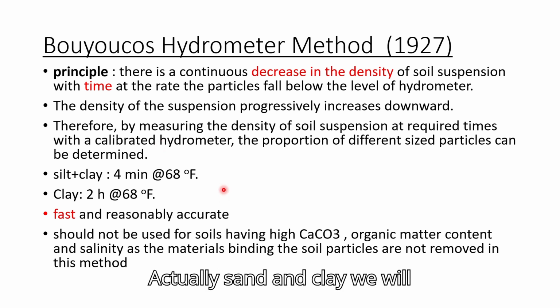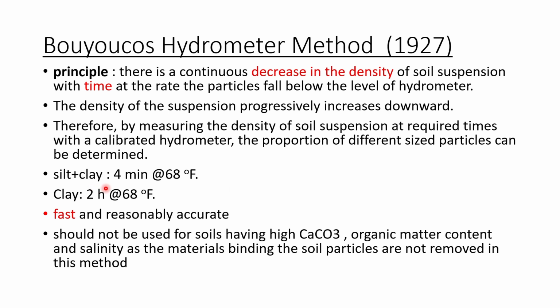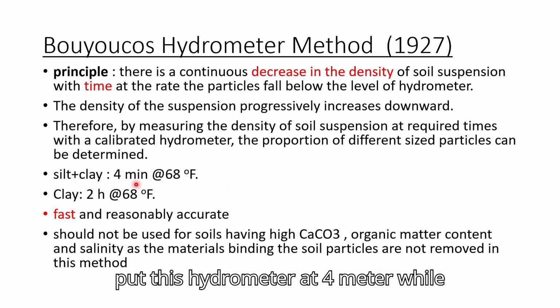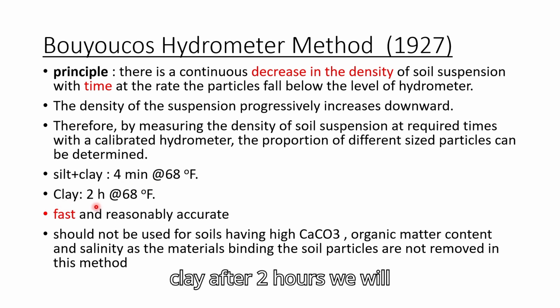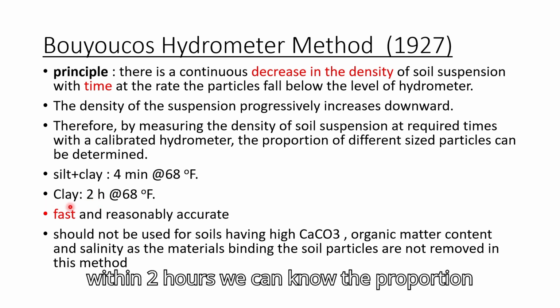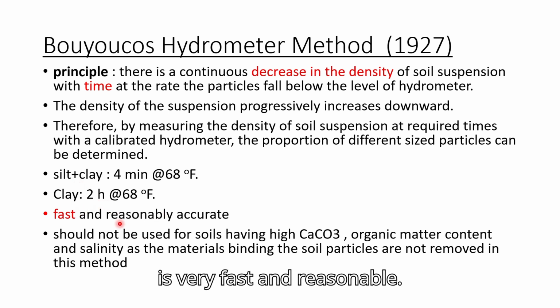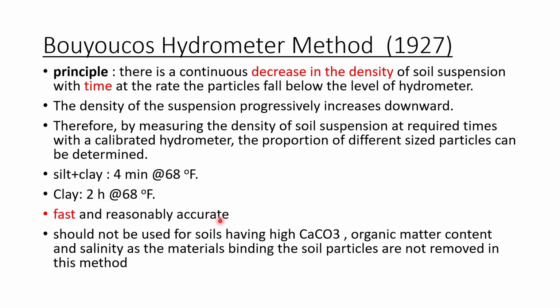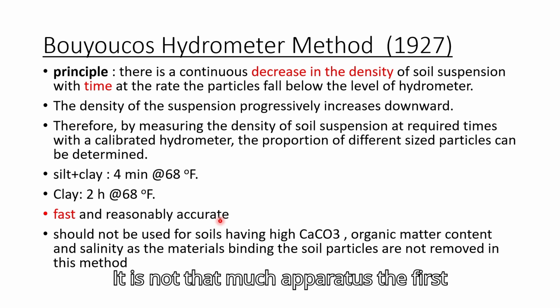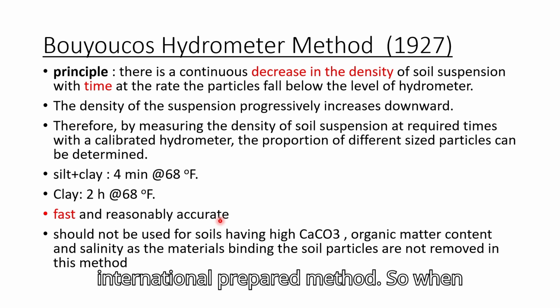For sand we take the reading at 4 minutes, while for clay we take the reading after 2 hours. So within 2 hours, we can know the proportion of soil particles. Hence, this method is very fast and reasonably accurate. It is not as accurate as the first method, the international pipette method.